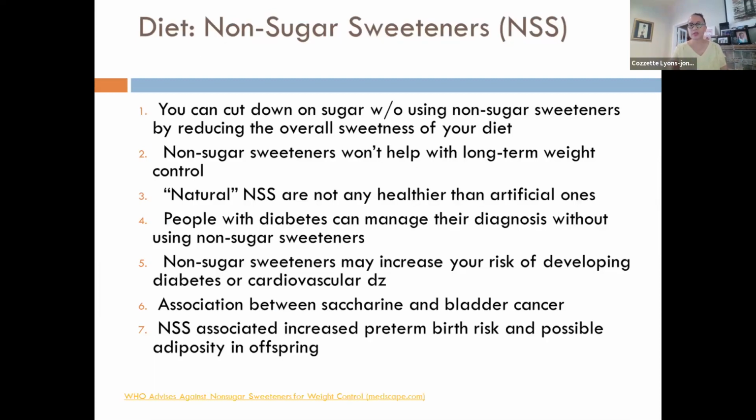And another thing, I know early on, when the market was being flooded with these non-sugar sweeteners, I was one of the ones using it too, to try to substitute, thinking that it's a healthier option. We found out that it can impact the brain. Leptin and ghrelin are two hormones that are your satiety hormones.